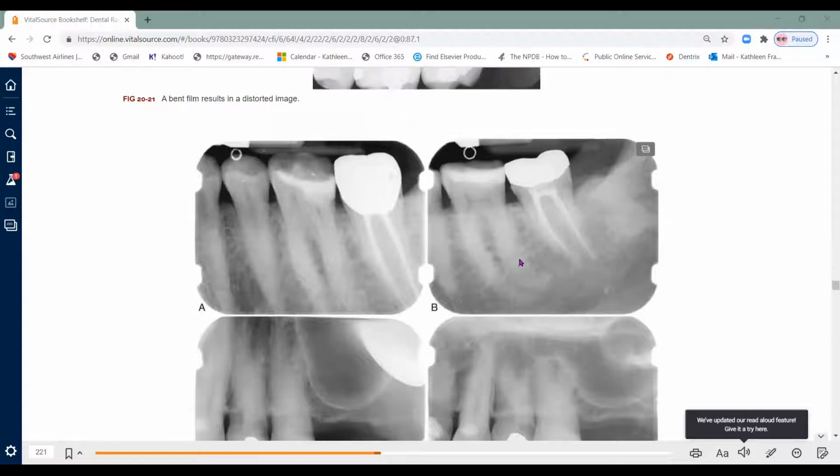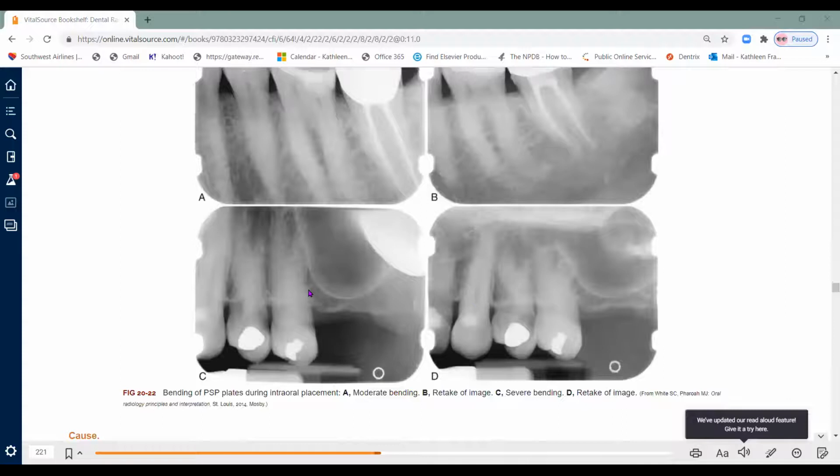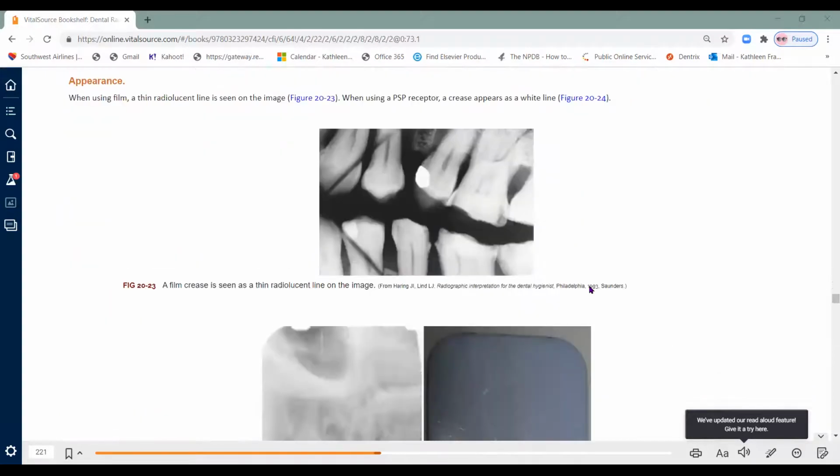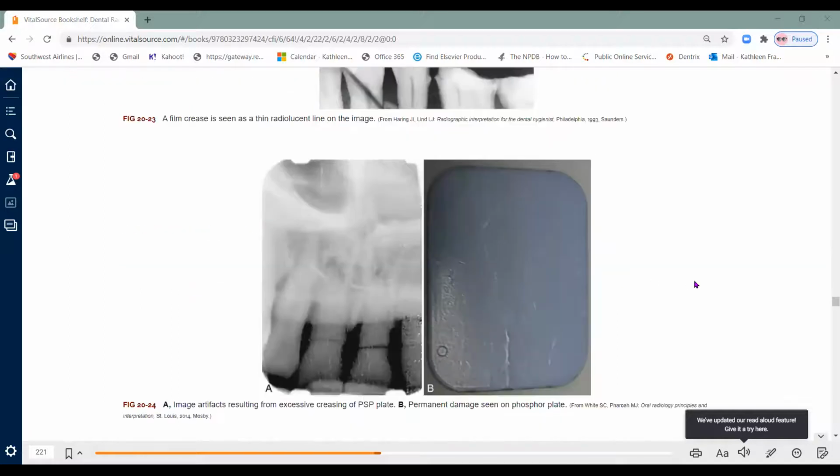Again, here is another bent film right here. And these are all the film kind of bent here. Okay, this is another creased film from bending.